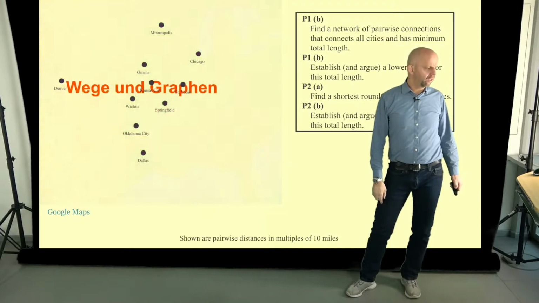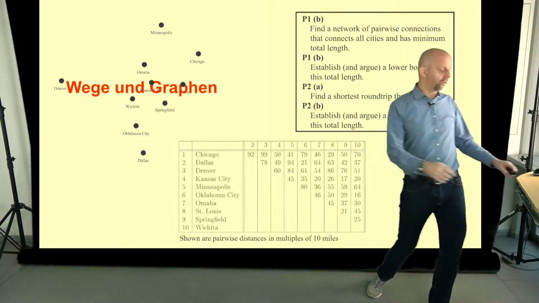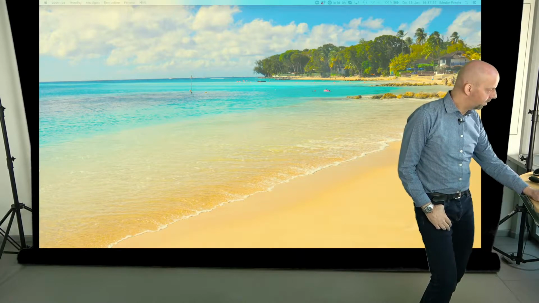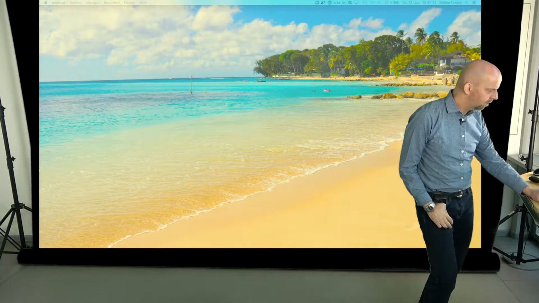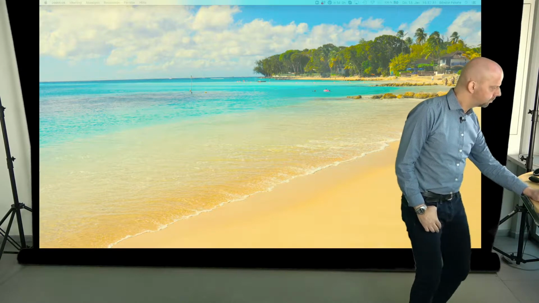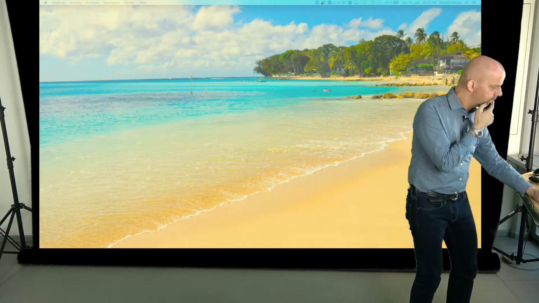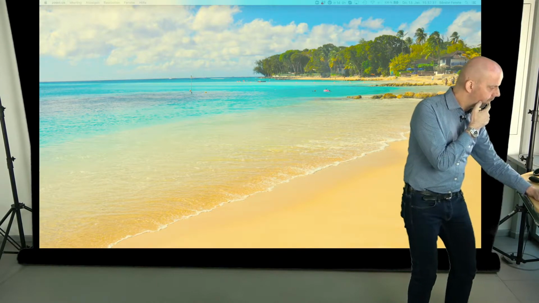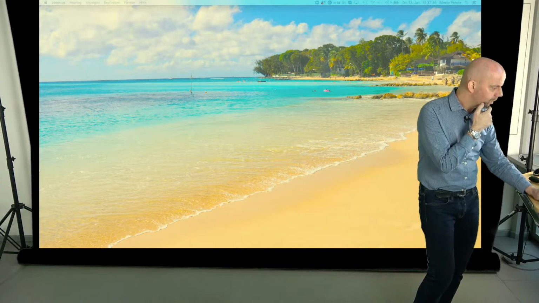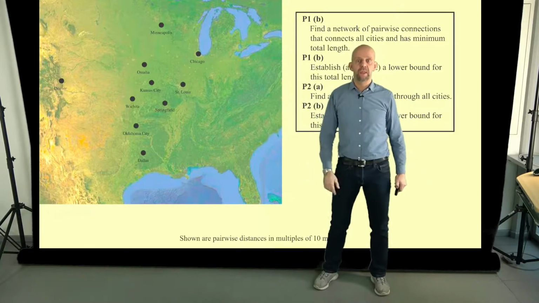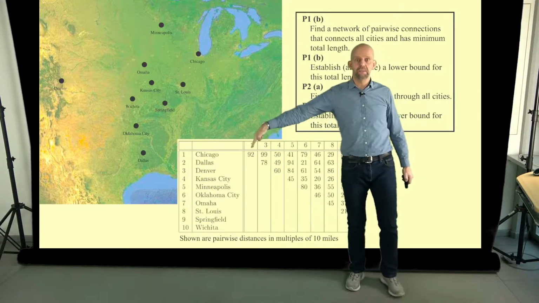What am I doing here? Oh, I'm sorry, I messed up here. Let me do something very quickly on the fly. There we go. Okay, here are the cities, and here is the distance matrix.